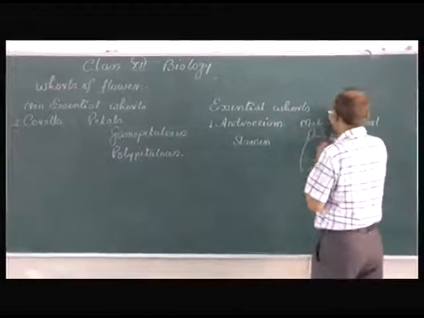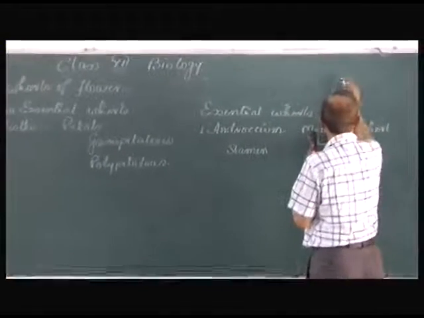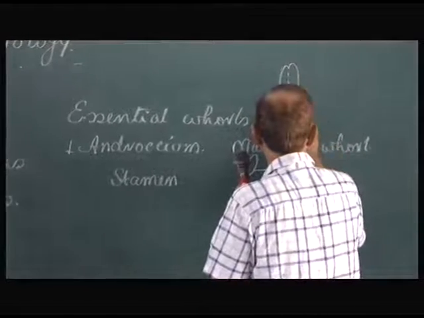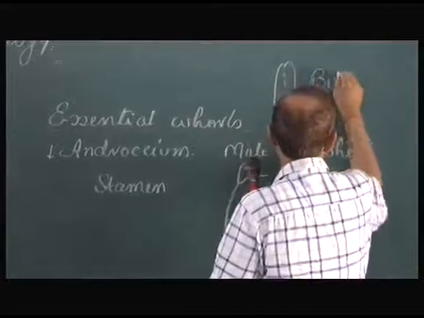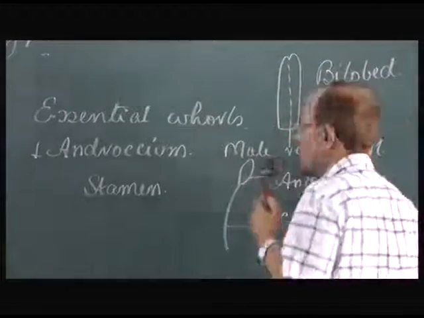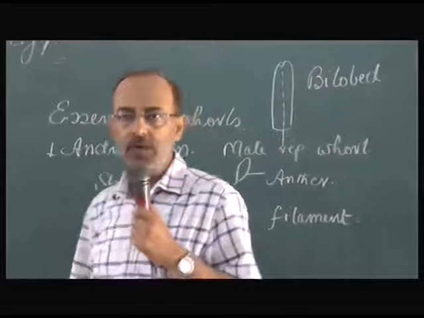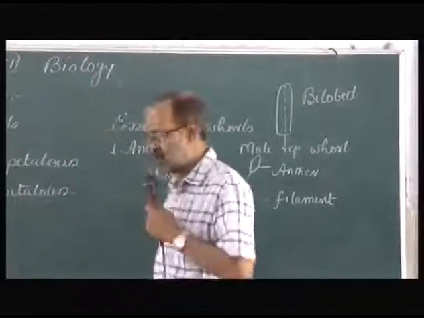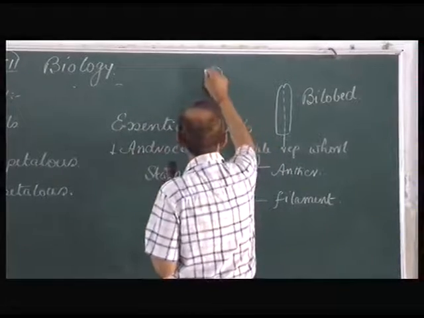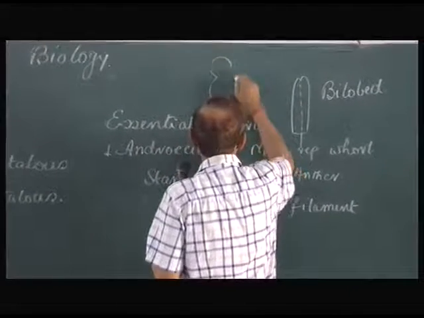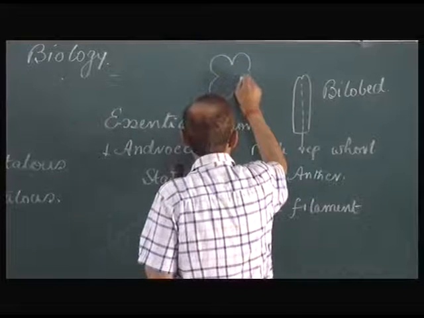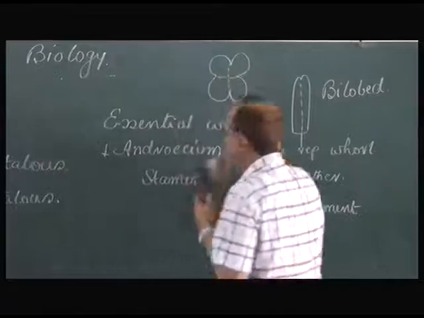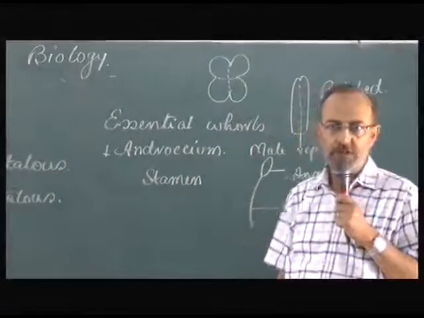Clear? The anther normally is bilobed, means there are two lobe-like structures which are attached to each other, and each lobe consists of two chambers.